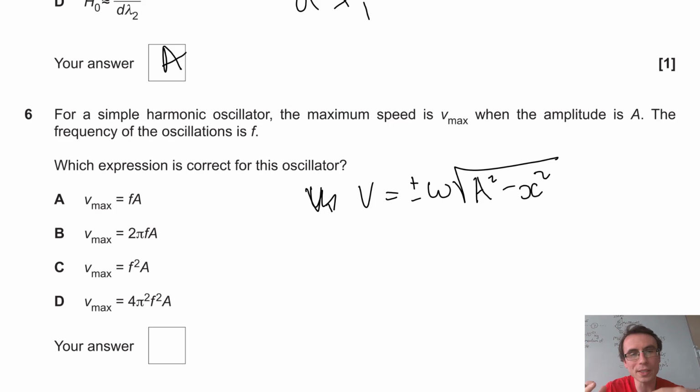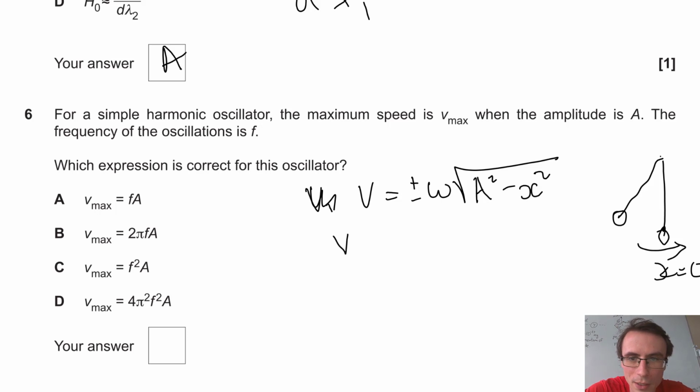So when the simple harmonic oscillator is at its maximum speed, the displacement is actually zero. Kind of like, let's say a pendulum is at its maximum speed when x is equal to 0 as it's oscillating. So this means that v is going to equal plus or minus omega A, Vmax that is.